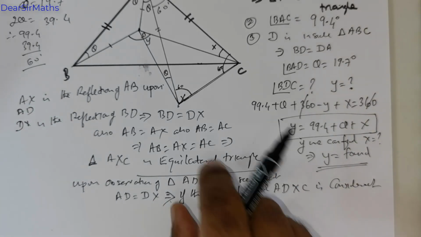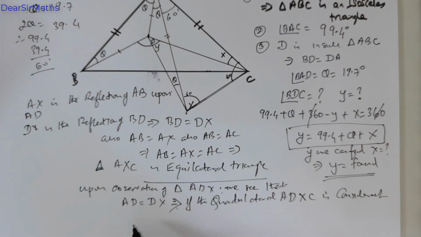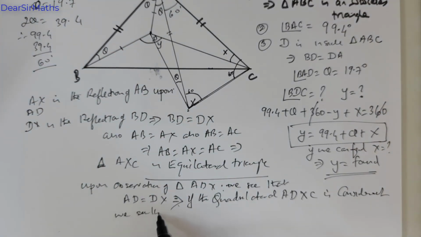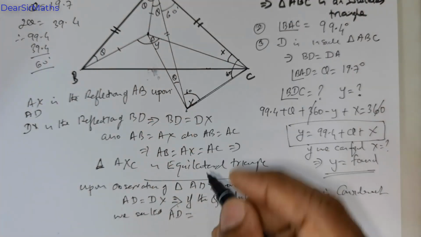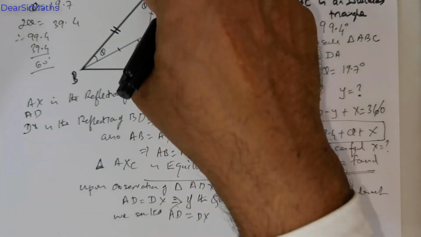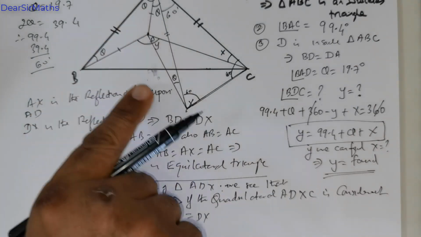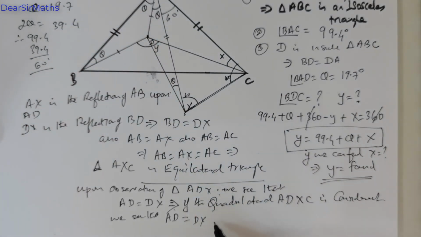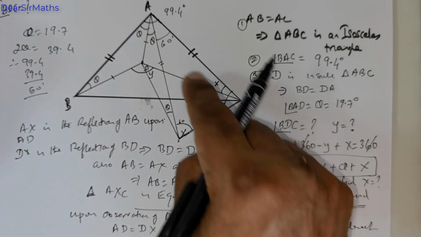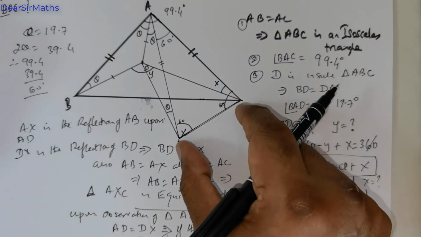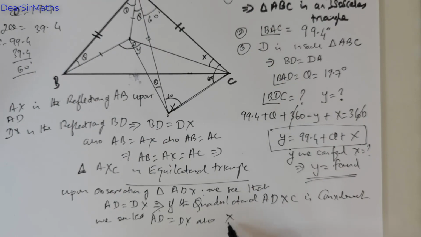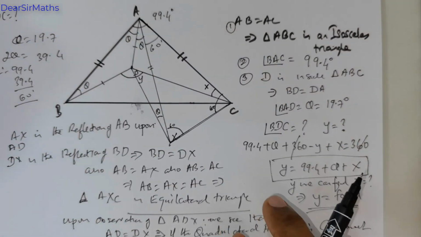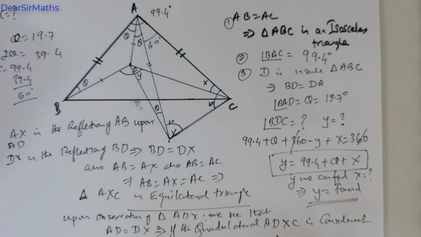We see that this AD is equal to DX. So these two sides of the quadrilateral, the two adjacent sides, are equal. Also, I told you that AXC is equilateral, so XC and CA are equal. These also form the sides of the quadrilateral. This side is equal to this side.